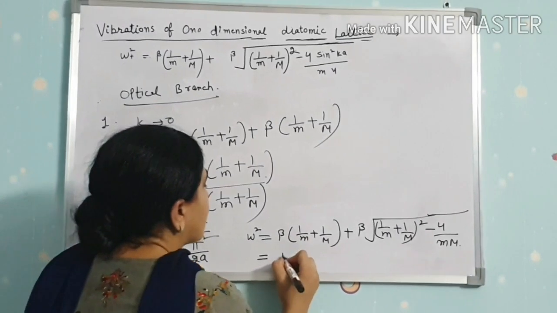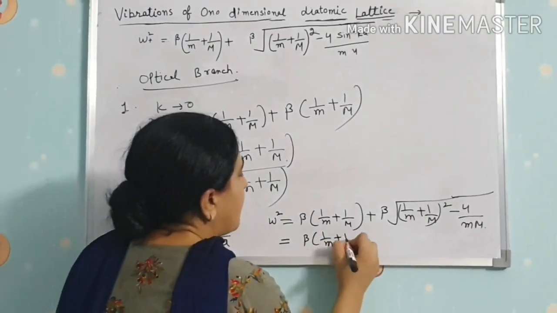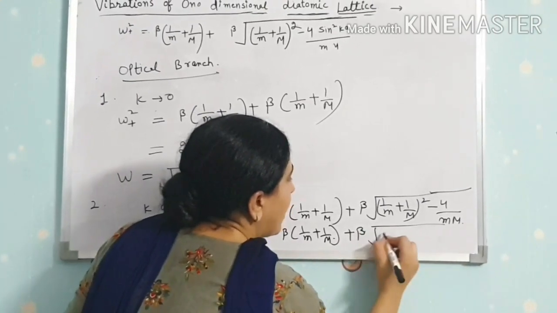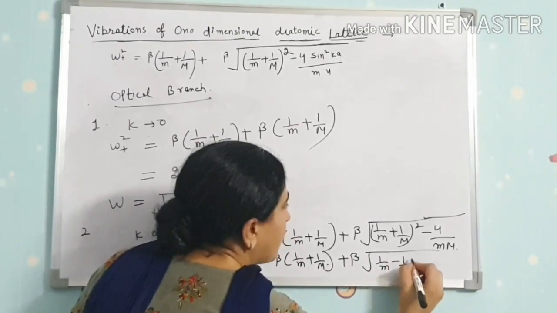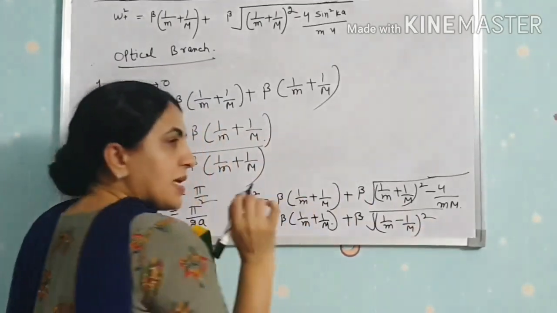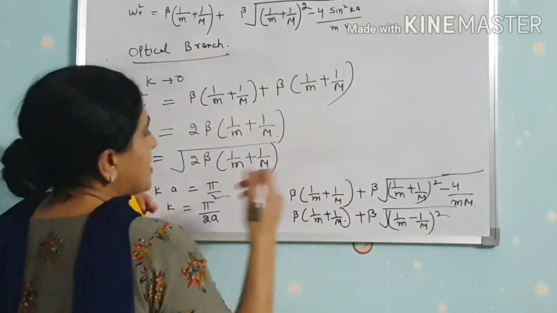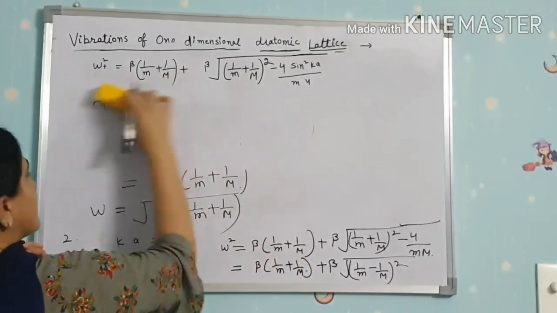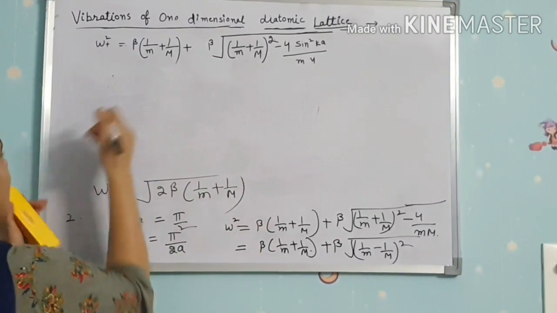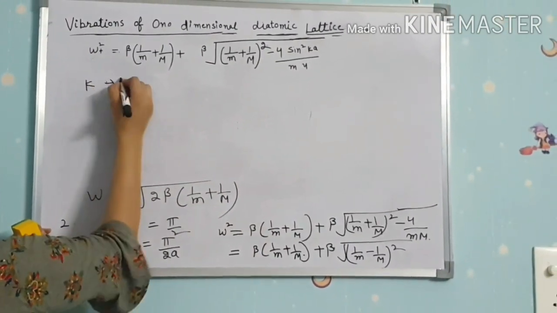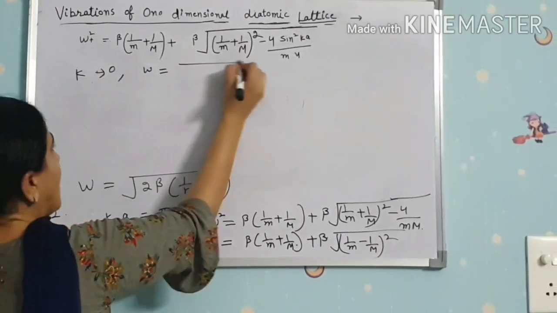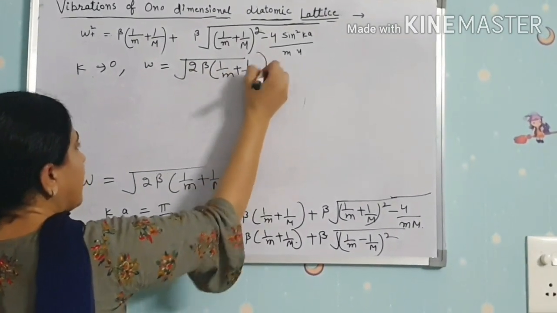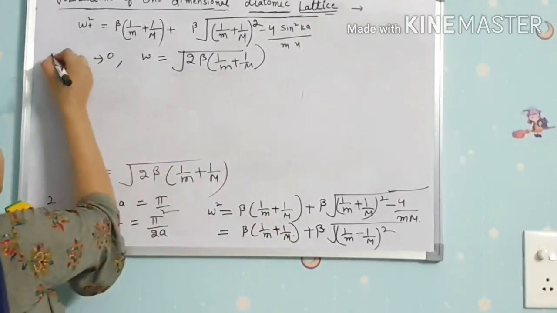So this is equal to beta times (1 over m plus 1 over capital M) plus beta times (1 over m minus 1 over capital M). This goes with this. We write this omega when k approaches 0, omega is equal to the square root of 2 beta times (1 over m plus 1 over capital M). This is the first case.